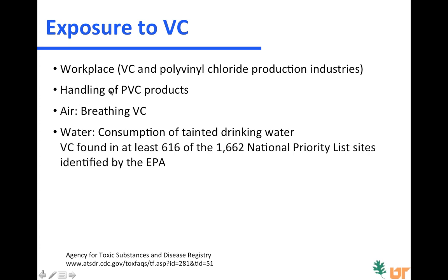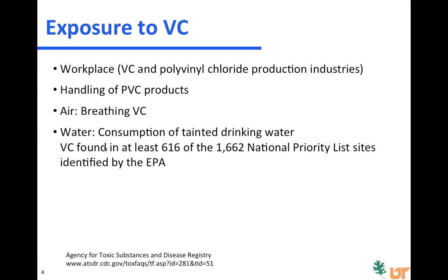Then obviously the handling of polyvinyl chloride products can expose you to vinyl chloride, mostly by breathing it. So the air containing vinyl chloride, if we breathe it, we can get exposed. And then of course with water, the consumption of VC contaminated drinking water. That's probably the biggest interest to this group I'm talking to today.